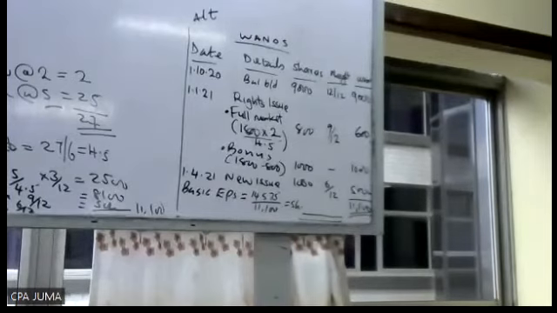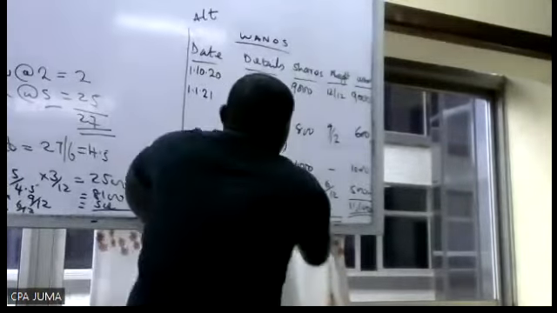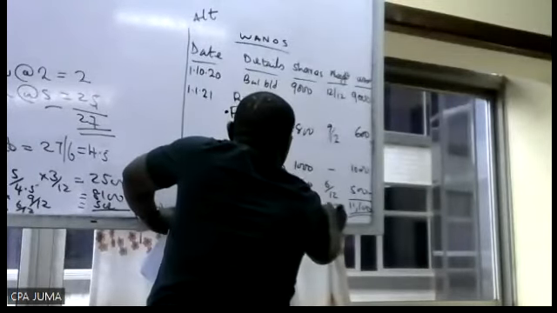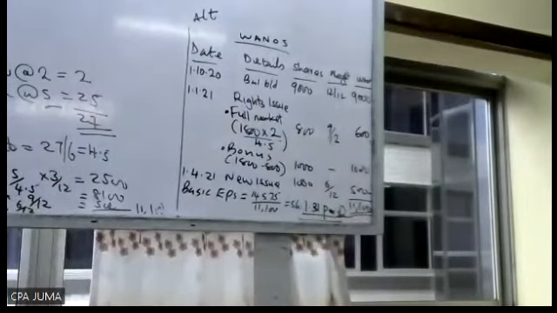Please check for us. EPS will be shillings what per share? $1.31. 1.31 per share. So 1.31 per share.